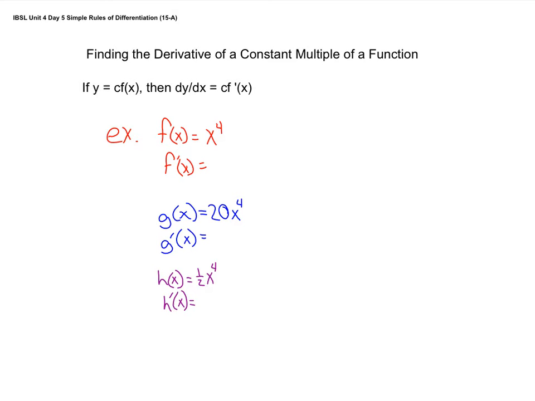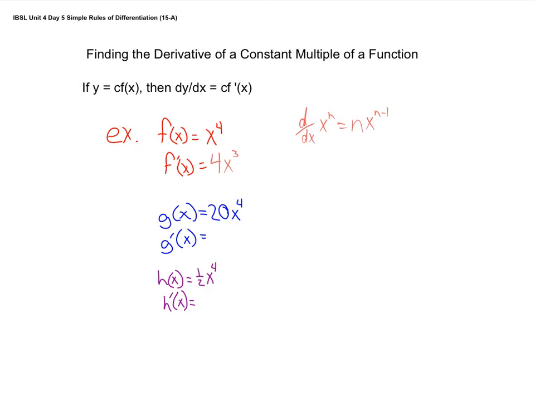Using our basic rule that the derivative with respect to x of x to any power is that power times x to the n minus 1, we know that the derivative of x to the fourth would be 4x to the third. Okay?